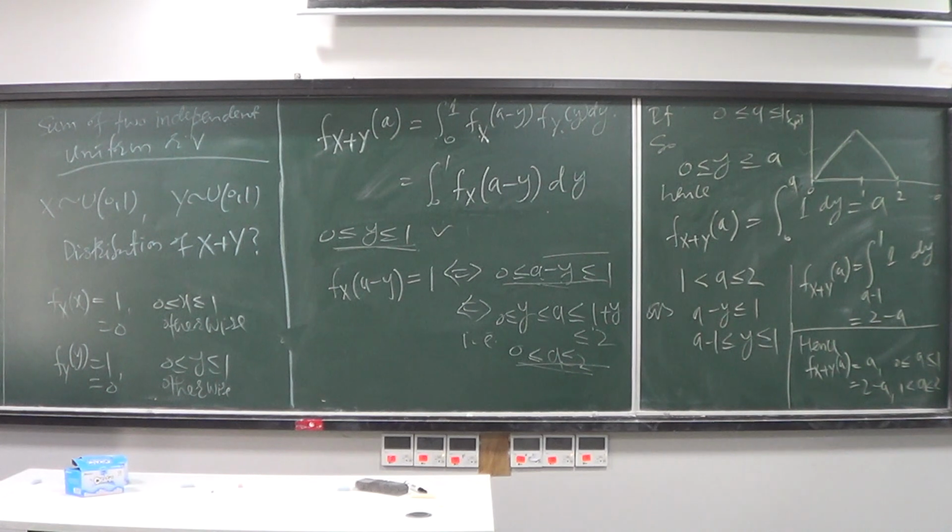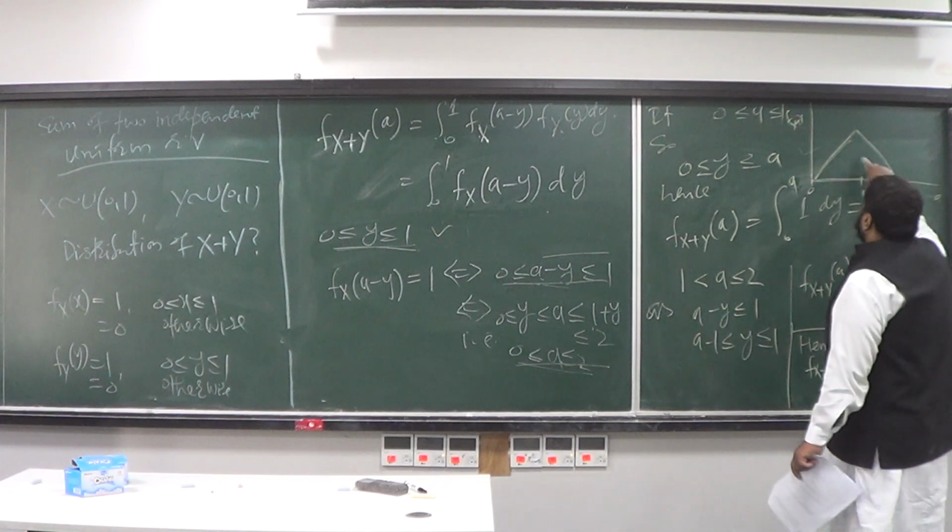So looking at the shape of the curve, we say that if x and y are uniformly distributed, their sum has a triangular distribution actually.